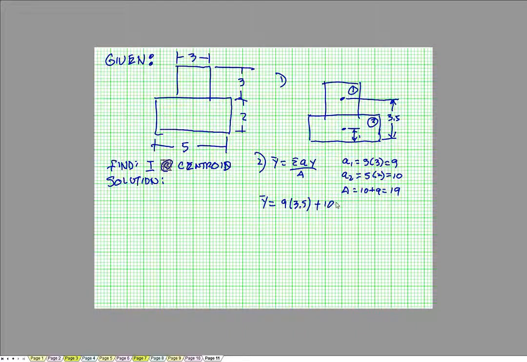Area 2 is 10, my distance is 1, divided by the total area of 19. Y bar equals 2.18 inches. So 2.18 puts the centroid right about there.